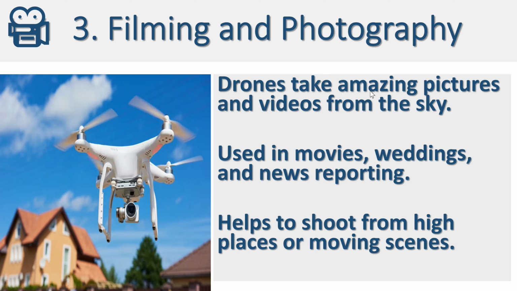Filming and photography. Drones take amazing pictures and videos from the sky. Remember when we studied in Senior Two, we classified the types of photography. Mainly we have the oblique and the horizontal.